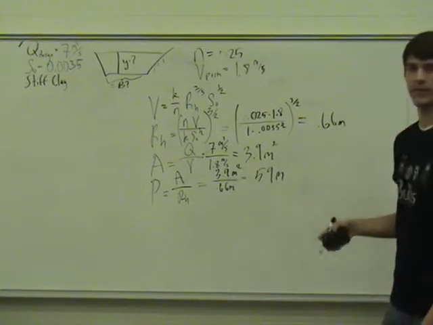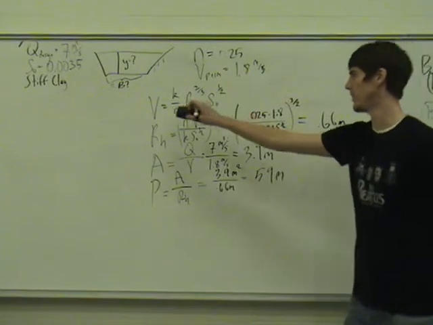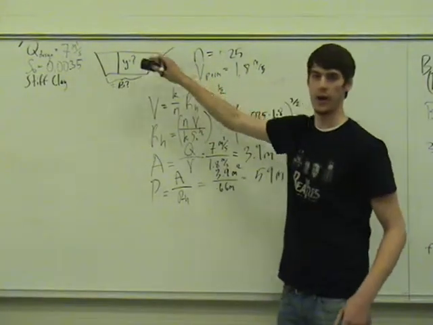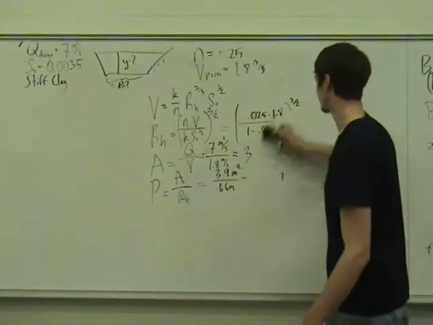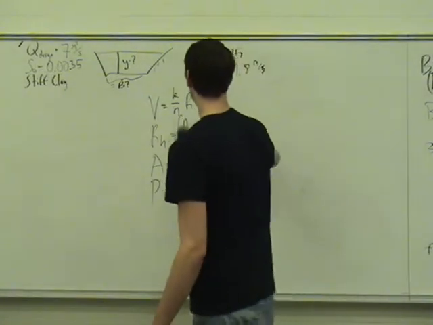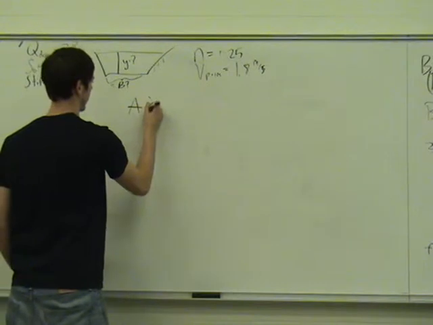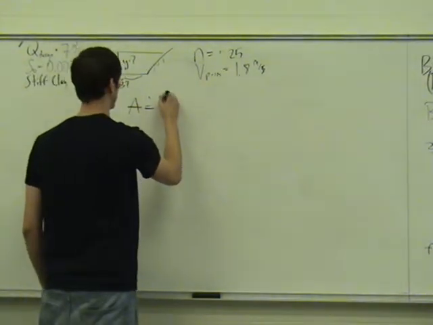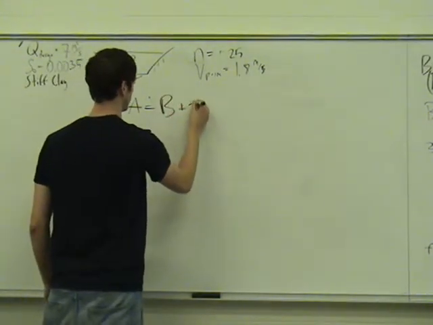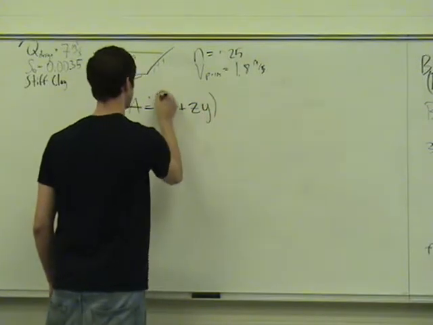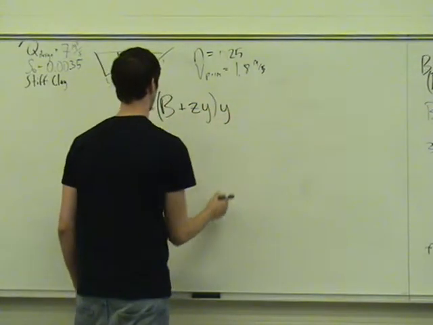So we already have a value for area and perimeter, but now we want to put it in terms of the bottom width, B, and the depth of water, Y, so that we can solve for those values. First we know that the area is equal to B plus zy times y.